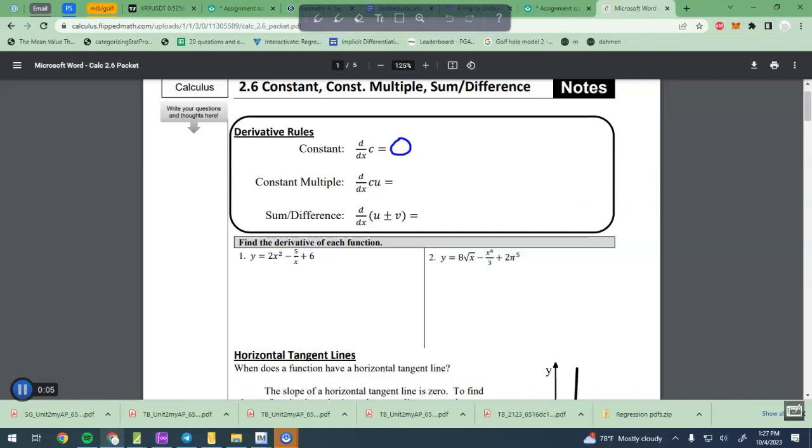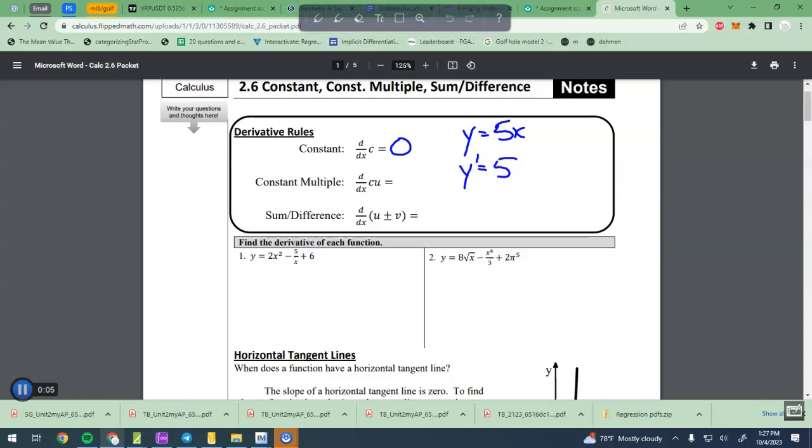So let's say I had like y equals 5x. Well, what does the derivative represent? Starts with an S. Slope. That's a line with a slope of 5. So if the slope is 5, what's the derivative? It's 5.